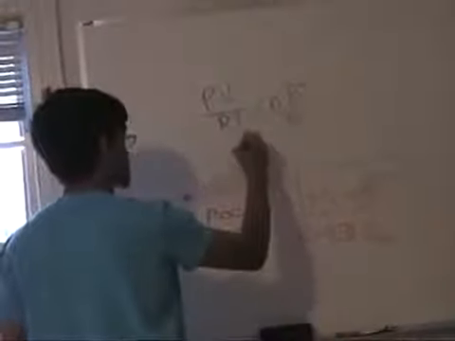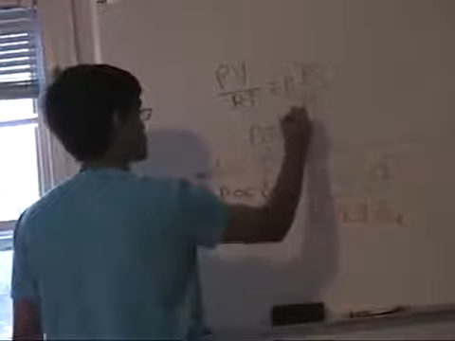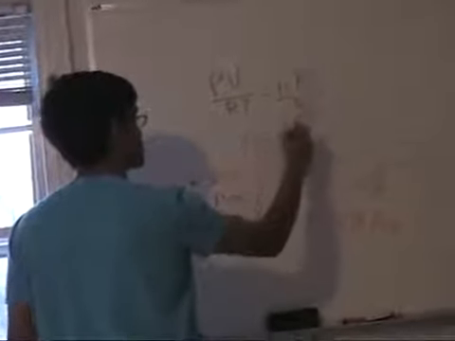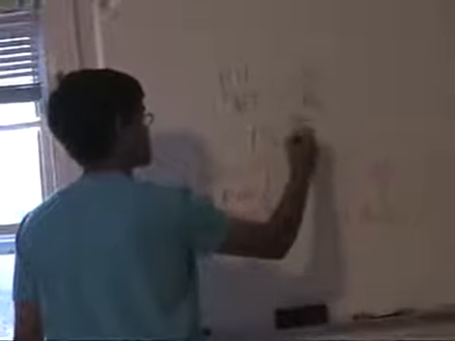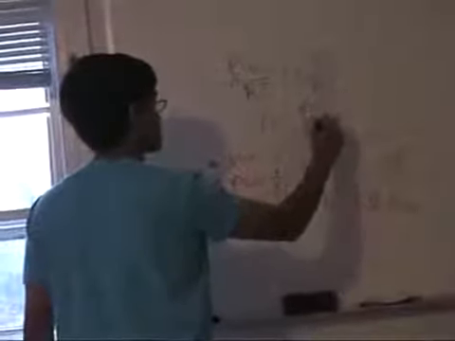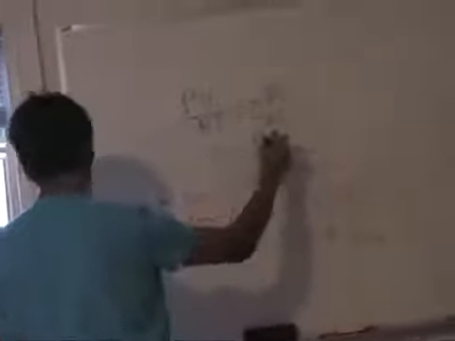So we get the number of moles is equal to the pressure times the volume divided by the constant times the temperature. And from there, we can plug in the values. In this case, n is the number of moles in each container in the initial setup.